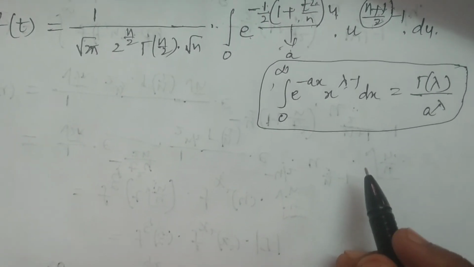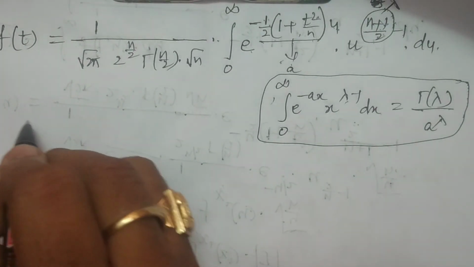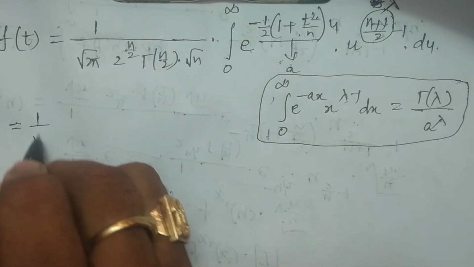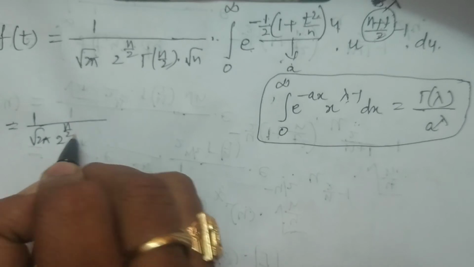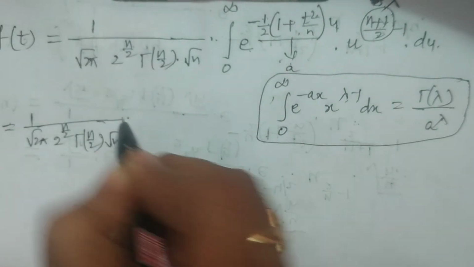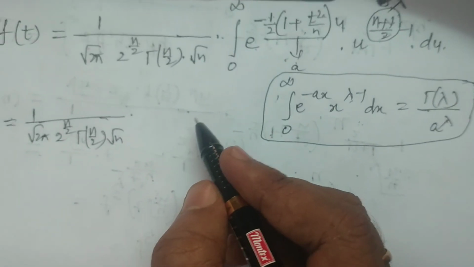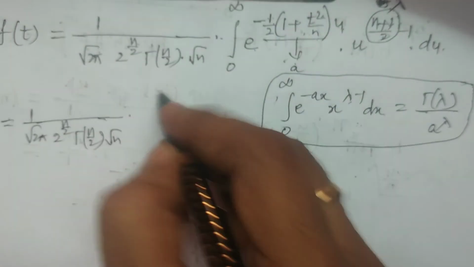So by considering that, our integration value becomes 1 by root 2π and 2^(n/2) gamma of n/2 root n, the constants as usual, and gamma of lambda. What is lambda? (n+1)/2.